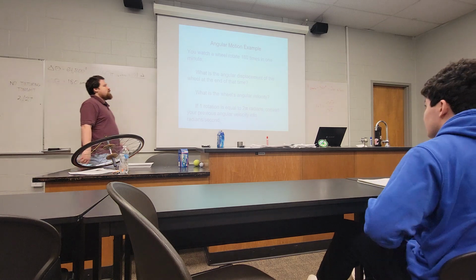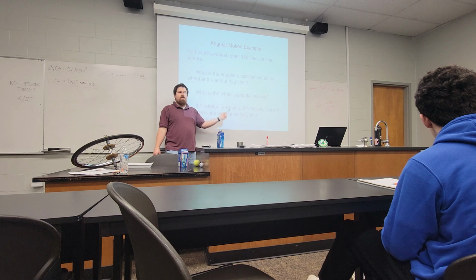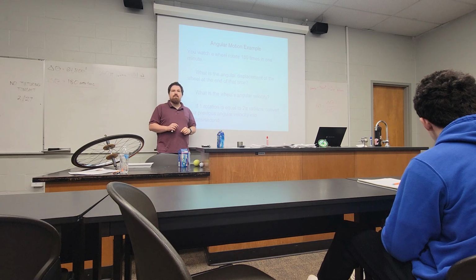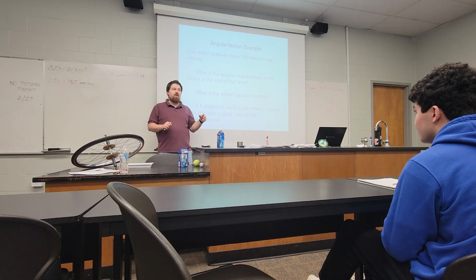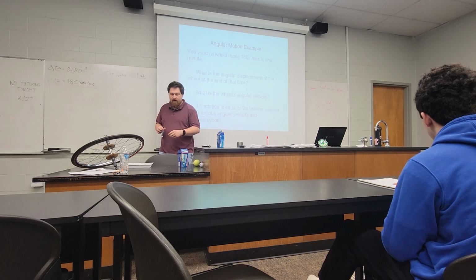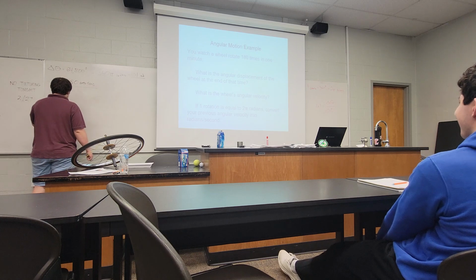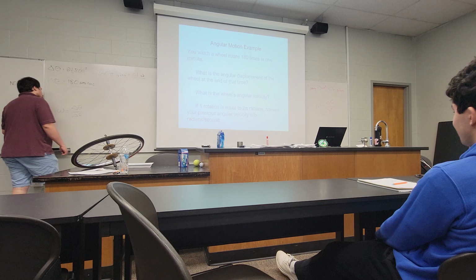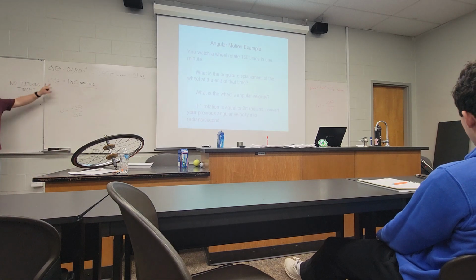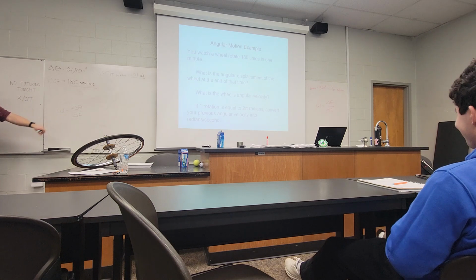Next question, what is the wheel's angular velocity, given the information here? 6 pi radians per second, very good. Omega equals delta theta over delta t. So really you just got to pick one of these delta theta answers and divide it by the amount of time.